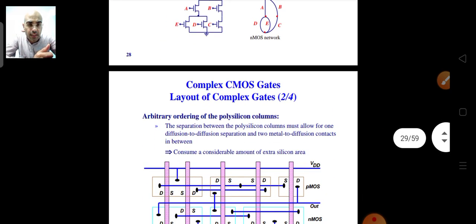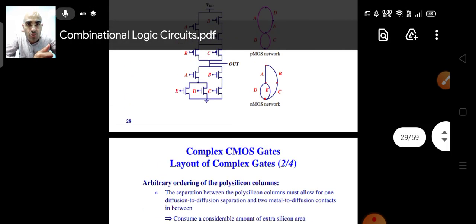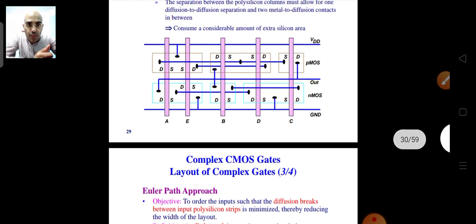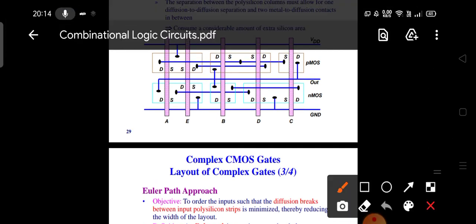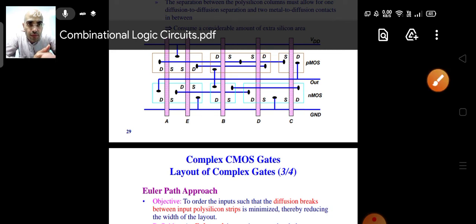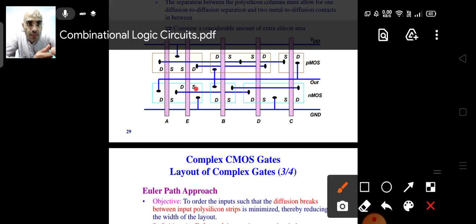I'll try to show it here. From this particular top circuit, the sources of E, D and C are connected to the ground. So you can see here the source of E, the source of D. Sorry, not this one, source of this E, source of this D, so this is your D and the source of this D is here, and the source of E. So which one is the source of E?